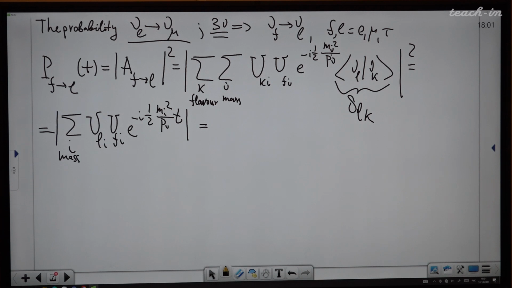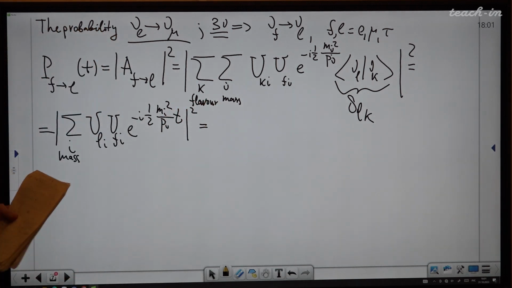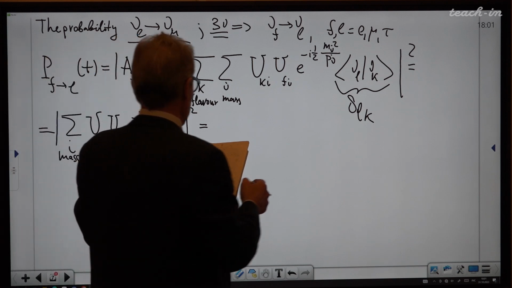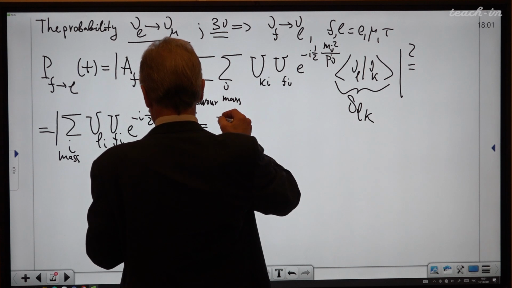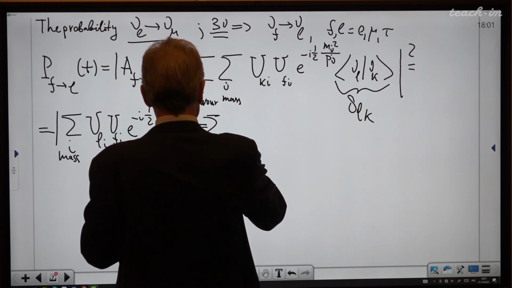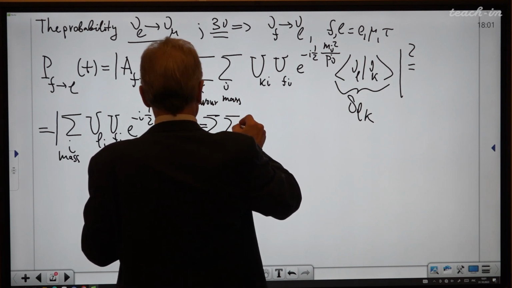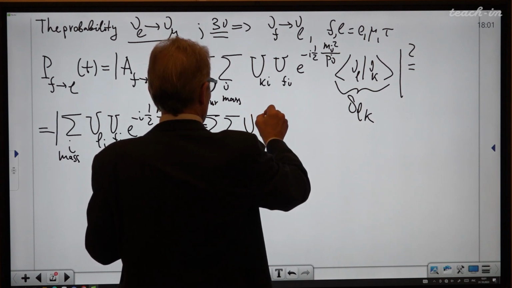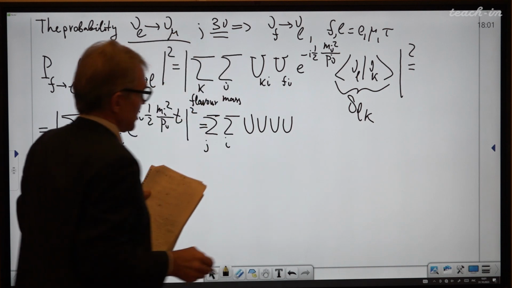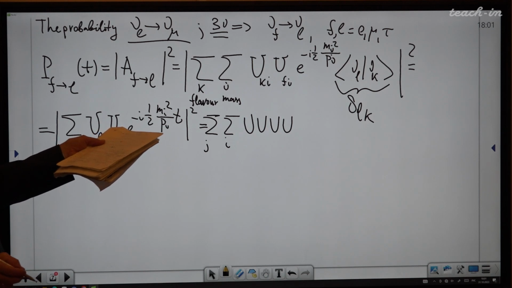So, now we make some, squared of course, yeah, squared. Make some rearrangements just to make it more accessible for understanding and for calculations. That can be expressed as a double sum, sum over i, sum over j. Here we just write 4 mixing elements of these 2 matrices squared.